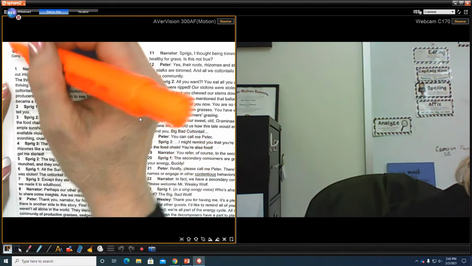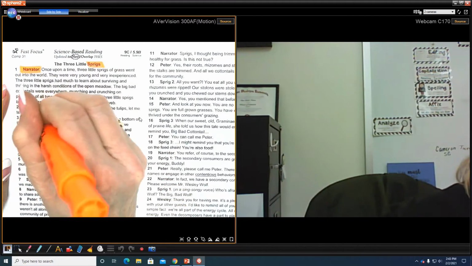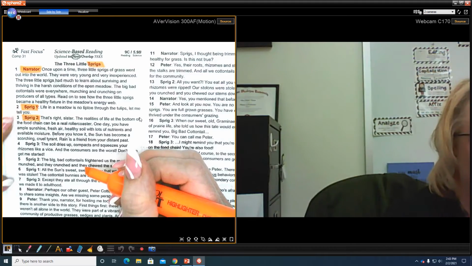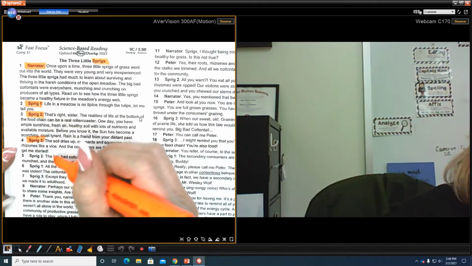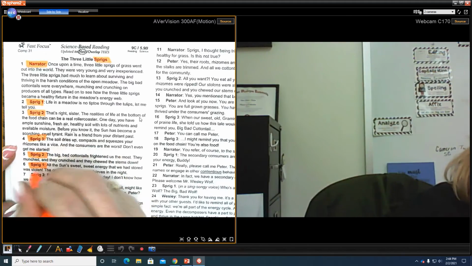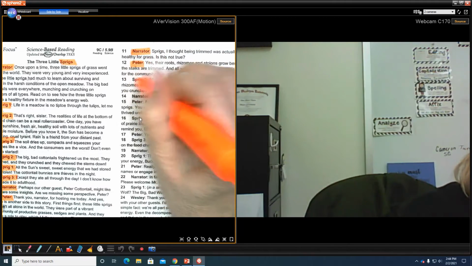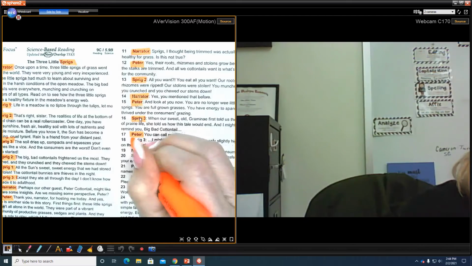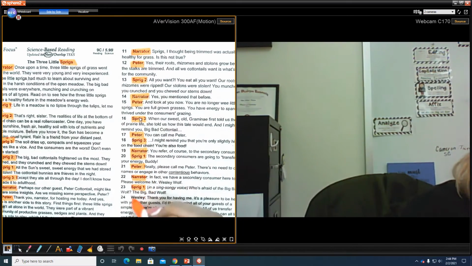I'm also going to notice that this is a play. So I'm going to highlight the different parts. We have narrator, sprig 1, sprig 2, sprig 3, Peter, and those would be the parts in our play.